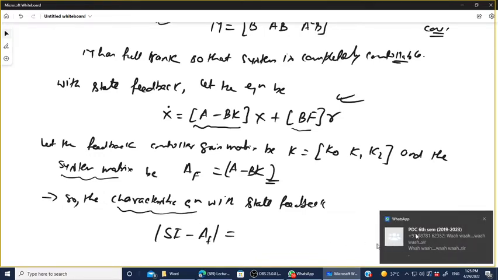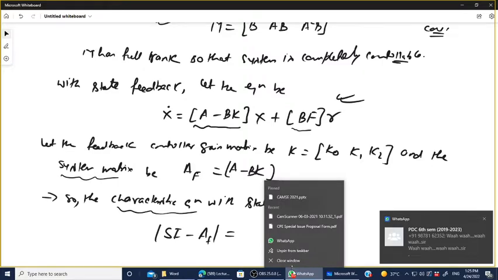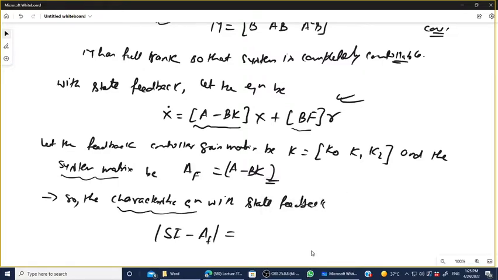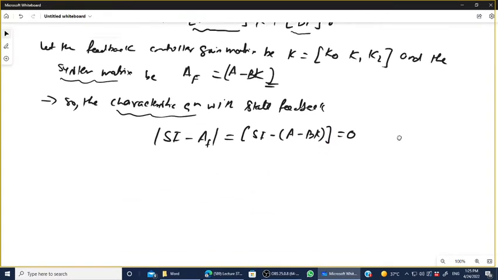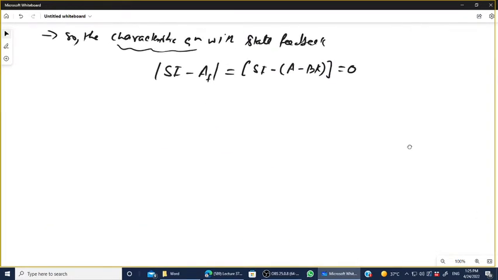This is nothing but sI minus AF, which equals sI minus A plus BK, equal to 0. This is a very simple concept.